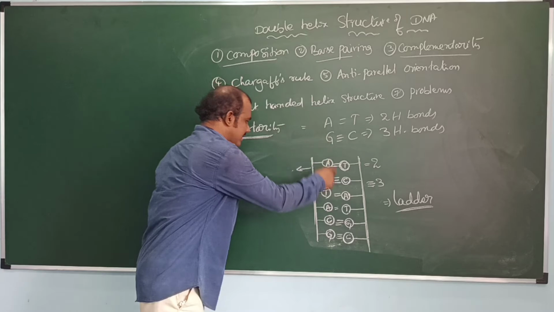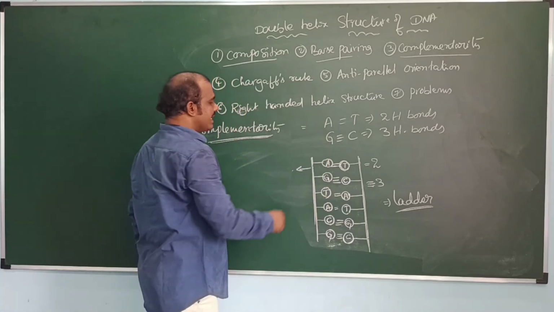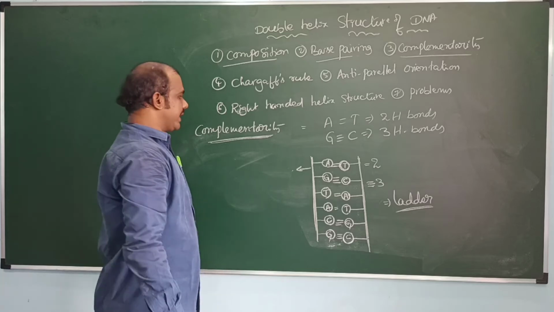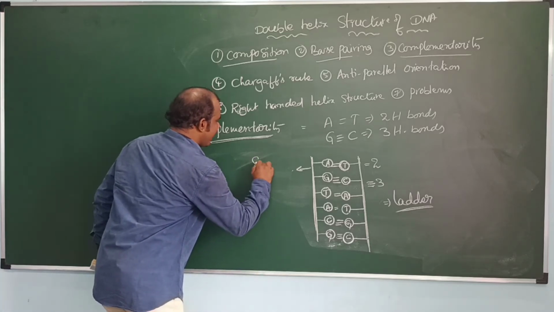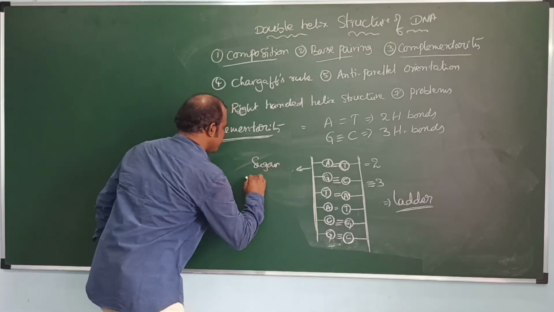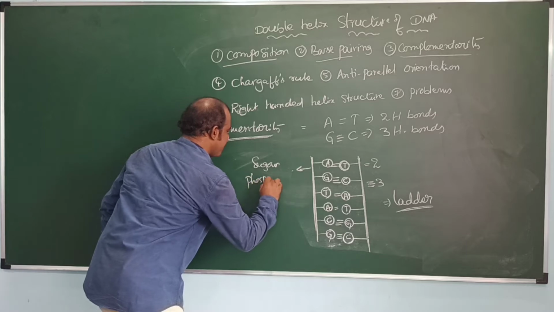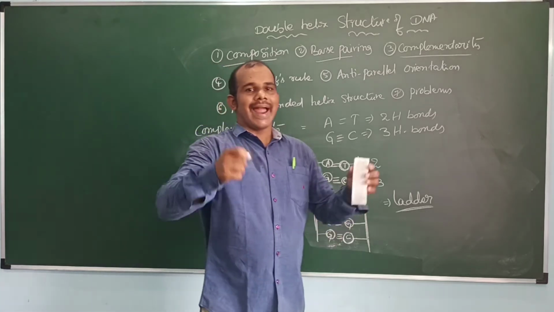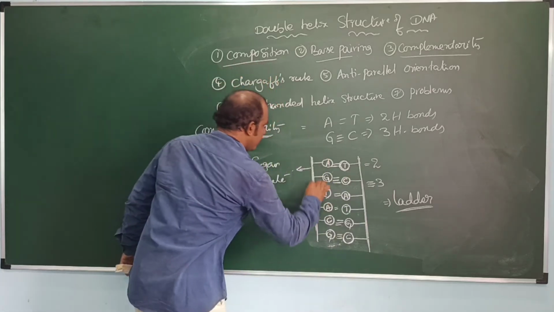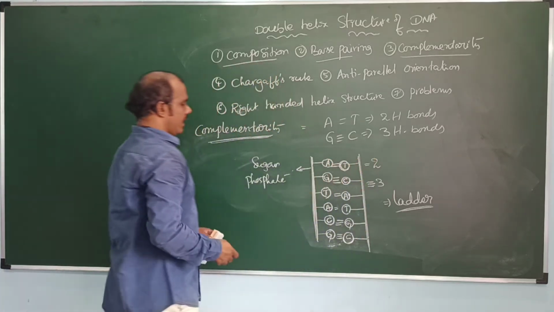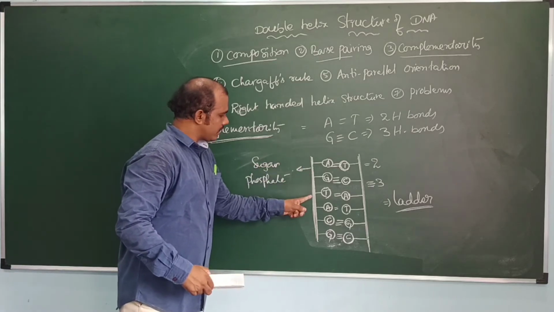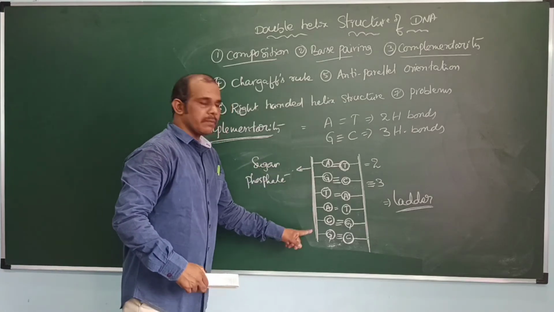Thus, these hydrogen bonds will give stability to the polynucleotide chain or DNA, as well as the sugar and phosphate groups. Sugar and phosphate groups act as the backbone of the DNA, in the chain of sugar, phosphate, sugar, phosphate, sugar, phosphate, sugar, phosphate.